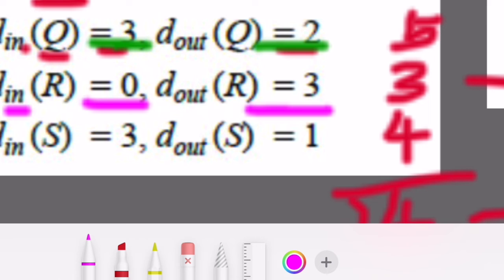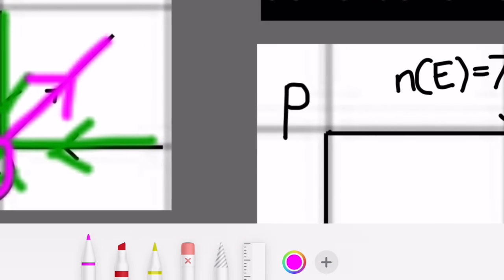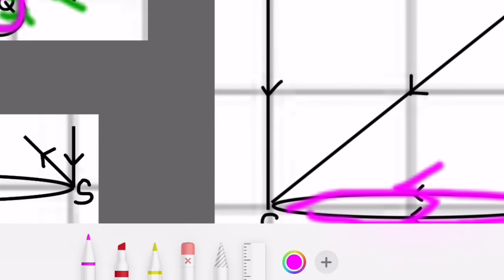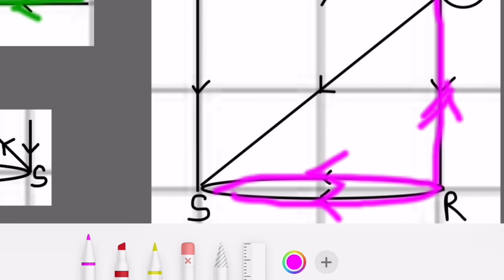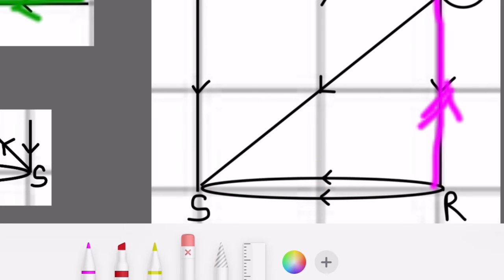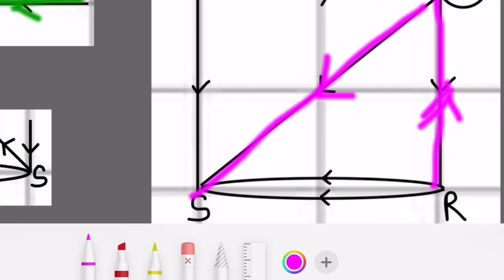For S, we have in 3, out 1. Okay, in 3, out 1. So let's study S. We have in 3, out 1.